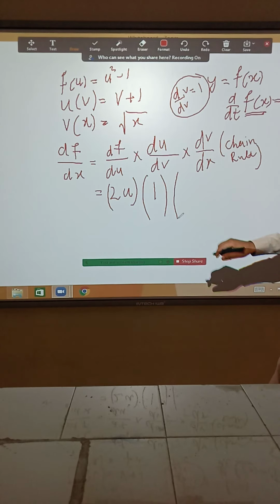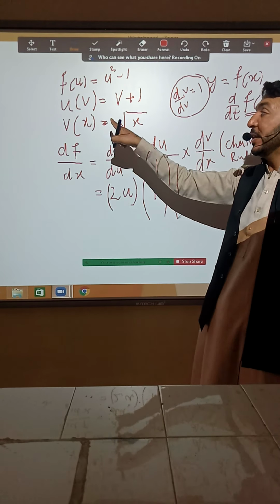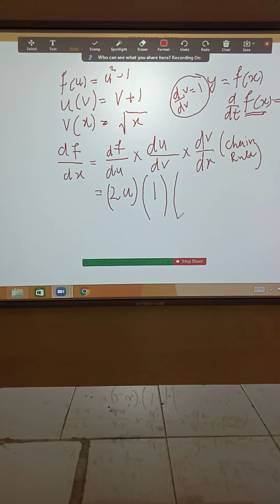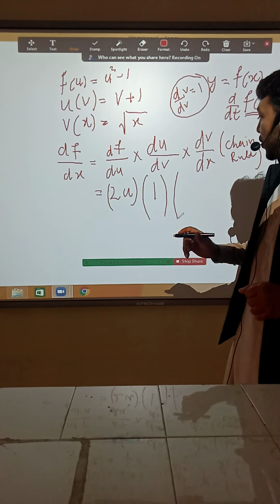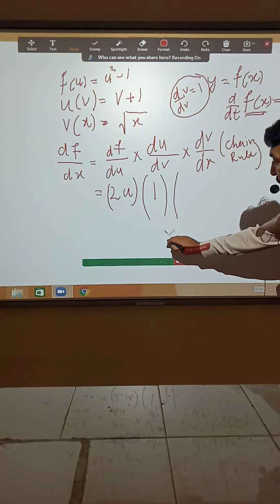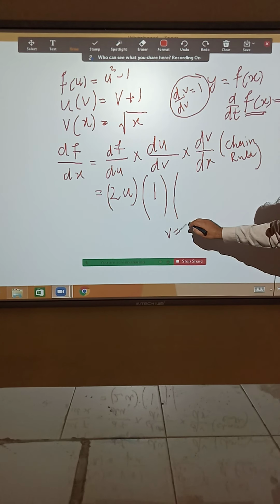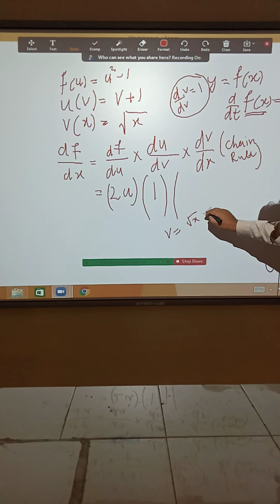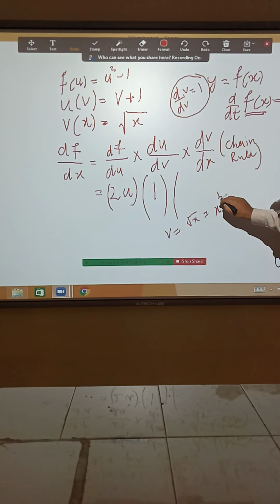Then you need to take the derivative of v with respect to x. So actually, if you see the function, v is equal to square root x. Square root x means x power 1 by 2.